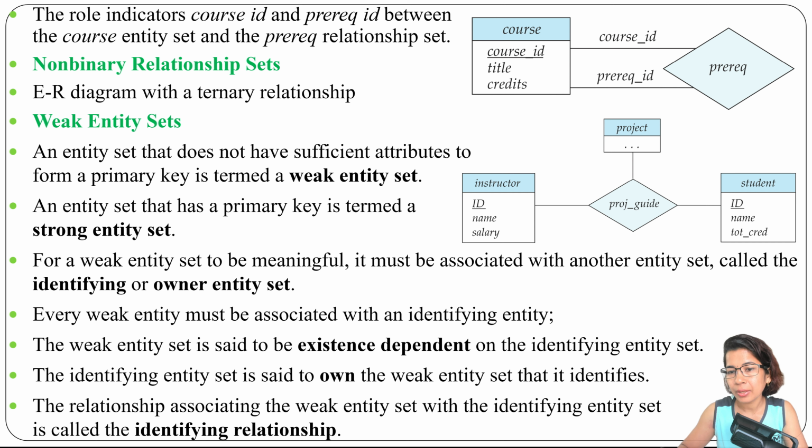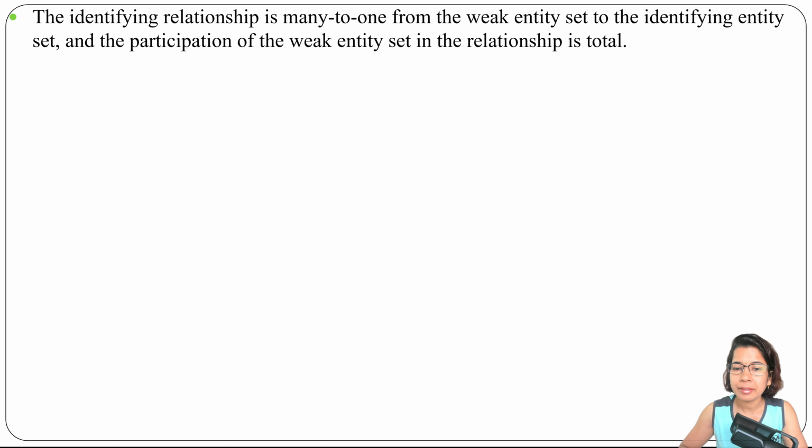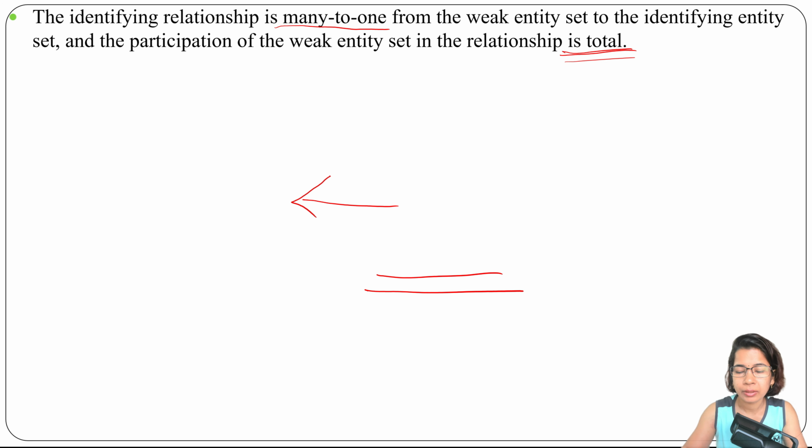And that relationship is called the identifying relationship. So how does the weak entity set relate to the strong entity set? The relationship that associates the weak entity set with the strong entity set, or identifying entity set, is called the identifying relationship. The identifying relationship is many to one from the weak entity to the strong entity, and the participation is total. For many to one, on one side there will be the arrow mark, and for total there will be a double line.